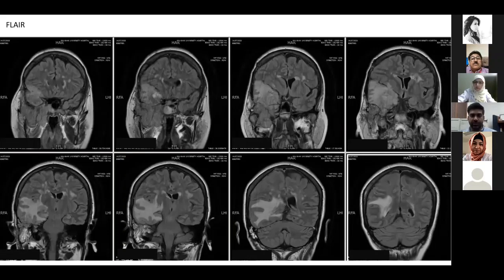Because in certain cases, the only thing needed is simply the gross total resection, and the only thing required after that is simply observation. Radiation therapy is particularly indicated when the tumor is unresectable, or there is gross residual disease, particularly when you're talking about grade 1 or grade 2 meningioma.